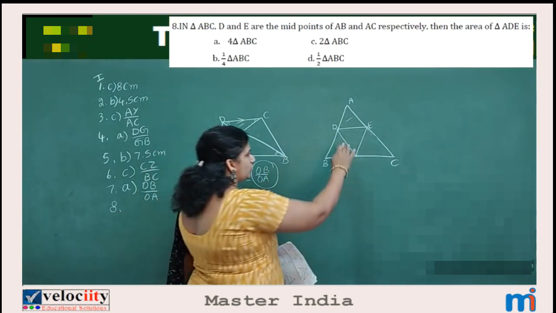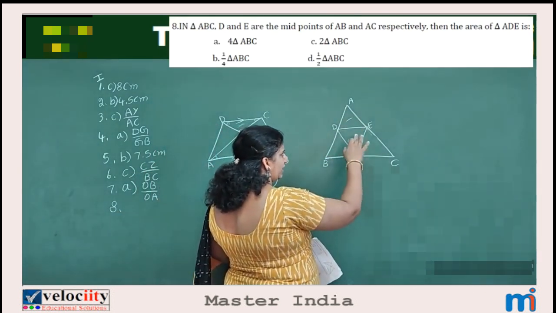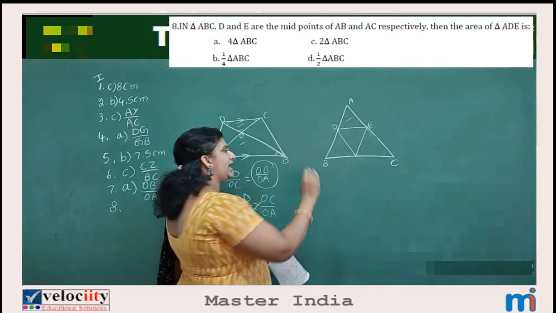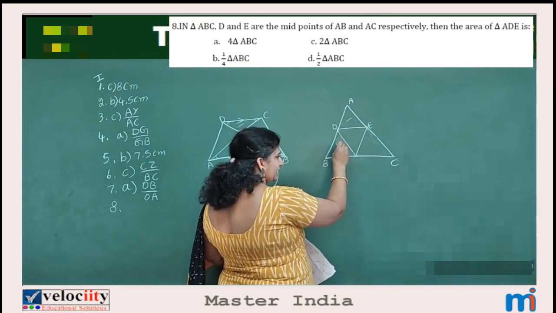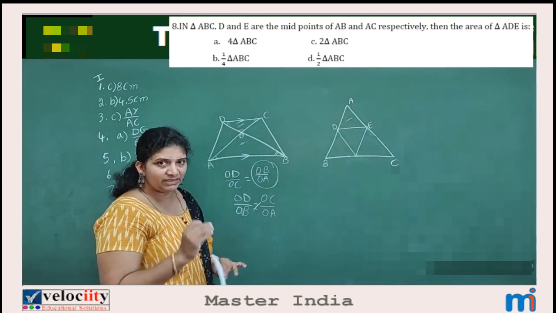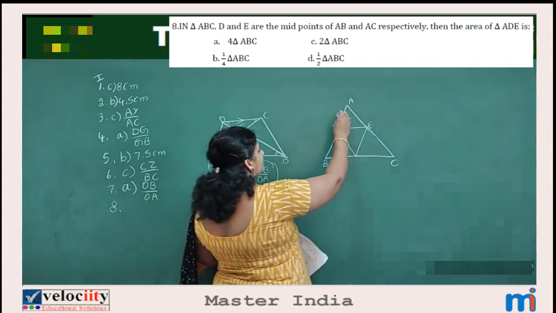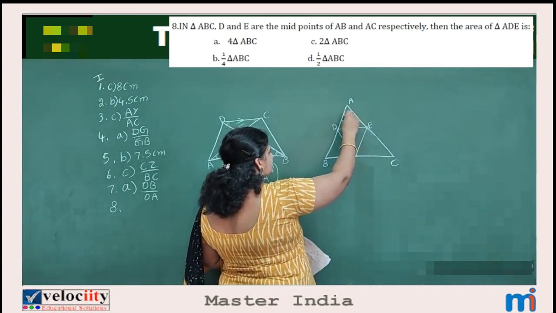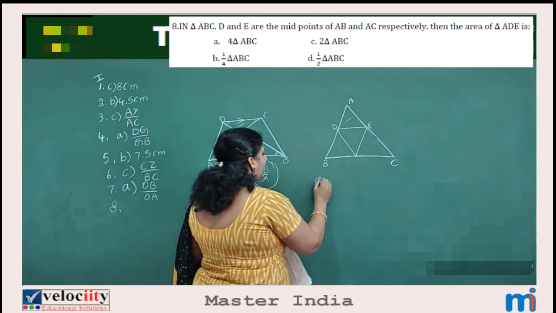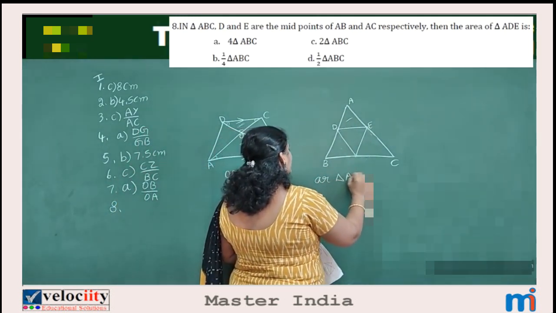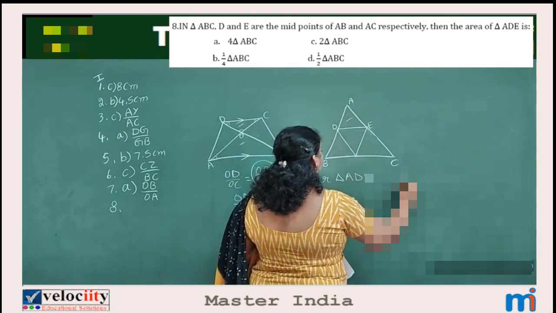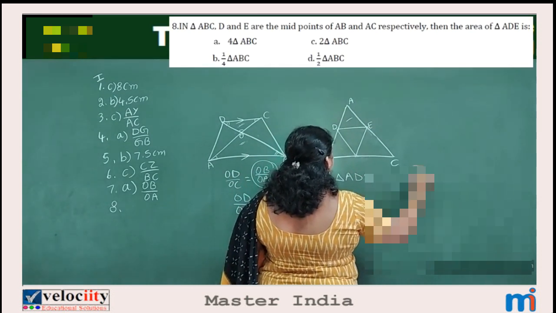Yes or no? So here how many triangles you are going to get? 1, 2, 3, 4. So 4 triangles. If you take any one triangle, that is 1/4 of the big triangle. Similarly, I can say that the area of triangle ADE is equal to 1/4 of triangle ABC area.